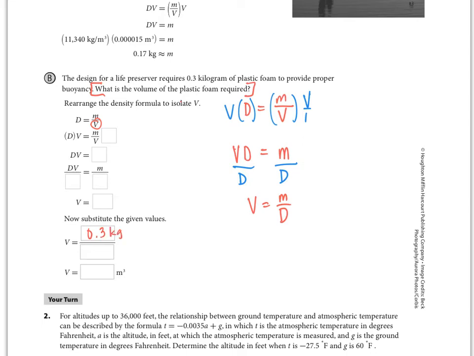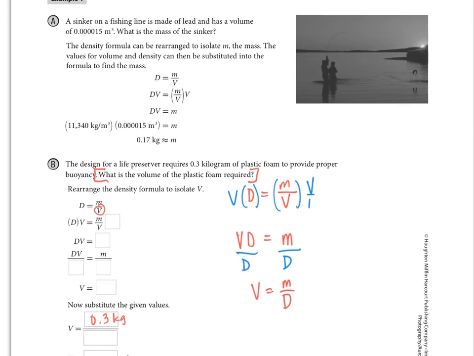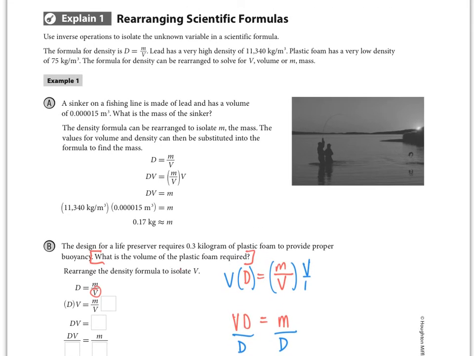And I'm dividing it by the density. Well, the density, remember way up here, it gave you the density of plastic foam. Okay, density is kind of like how filled up it is inside of it.